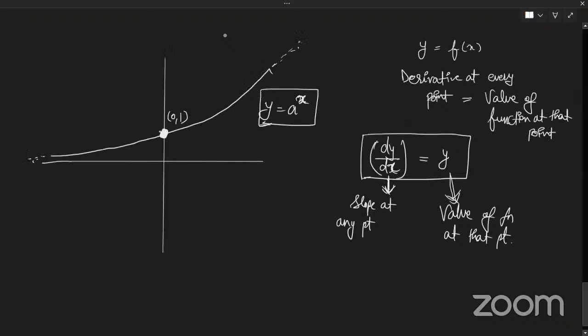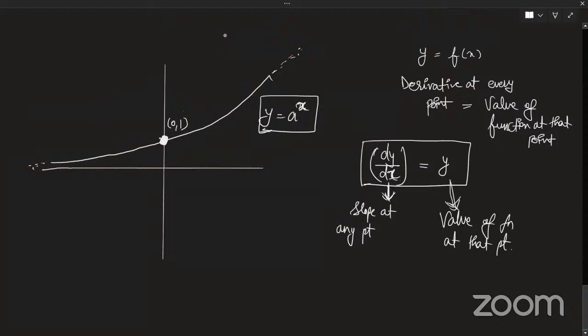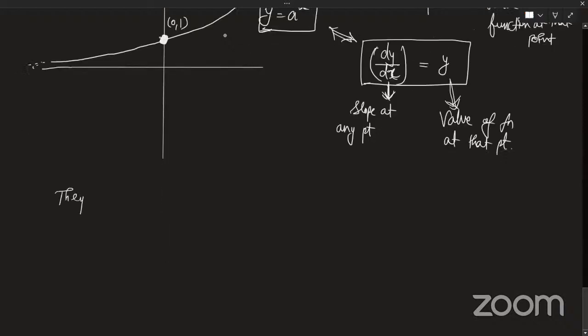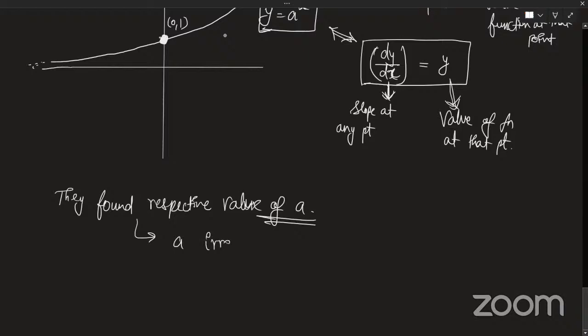There are infinitely many possible values of a here, but satisfying this condition, they found the respective value of a, and this value of a turned out to be an irrational number.